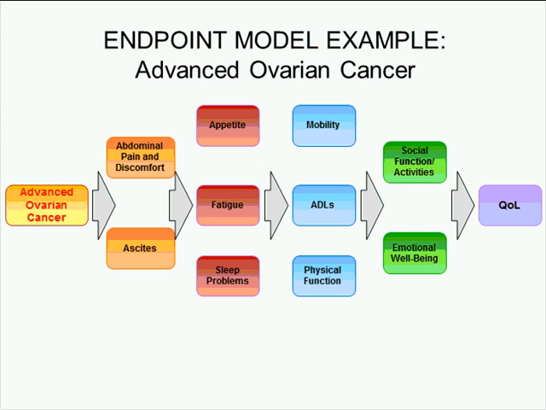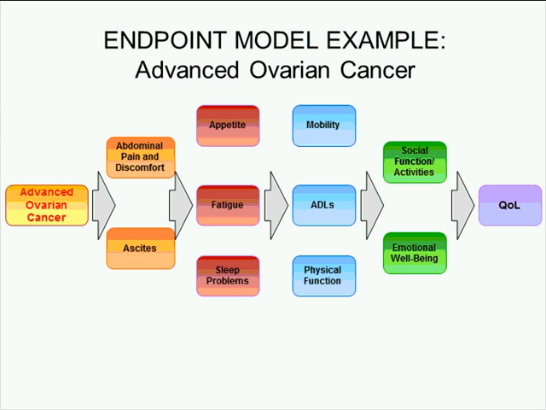So let's show you an example, and you might notice that this figure, in a sense, mirrors the chain from left to right of that Wilson and Cleary model that I showed earlier. But here we have advanced ovarian cancer. That's the biological and physiological side of things.